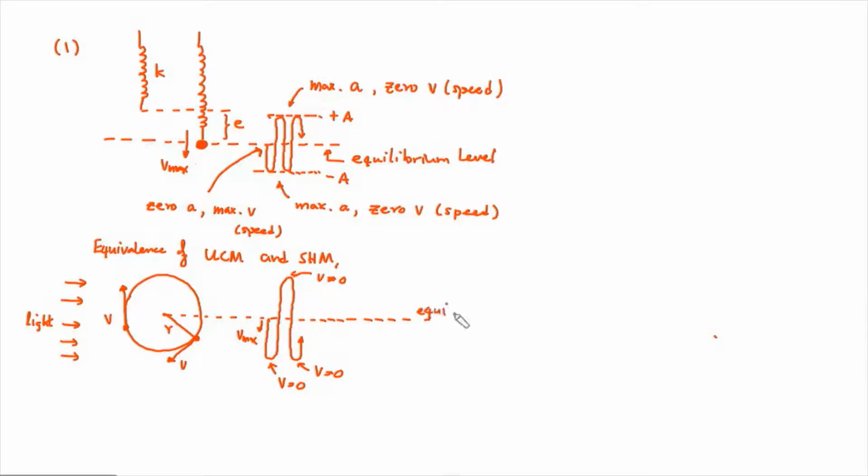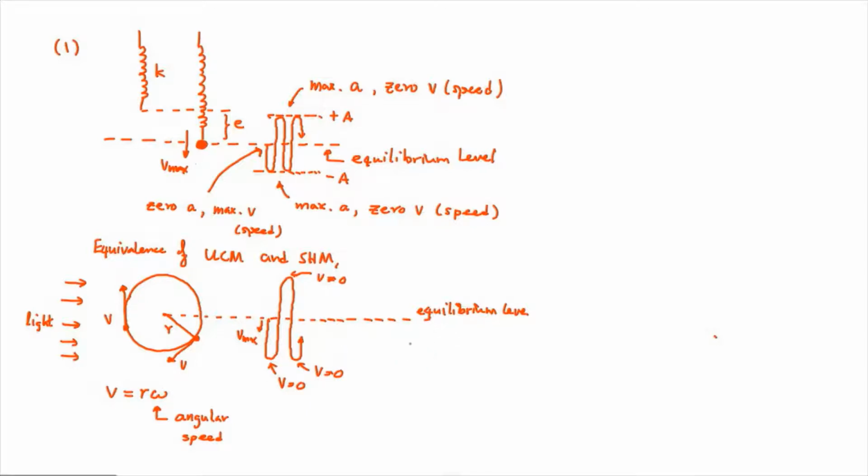So what is the connection between Vmax and circular motion? For circular motion, if you recall, the linear speed V is equal to the radius times omega, where omega is called the angular speed.